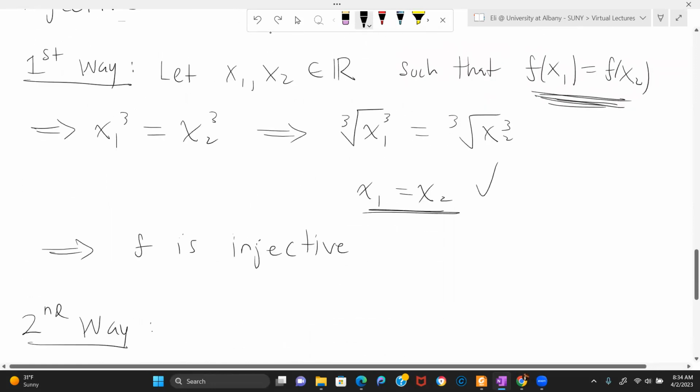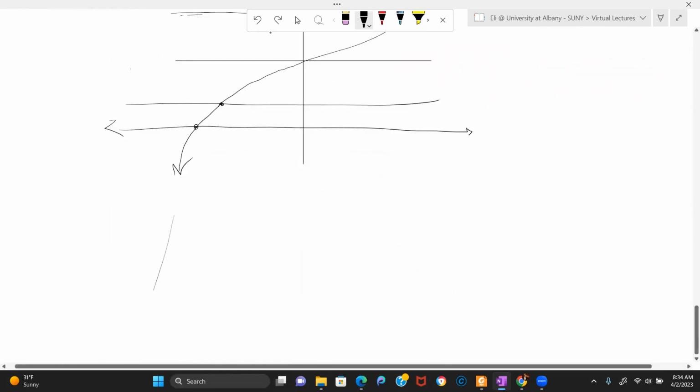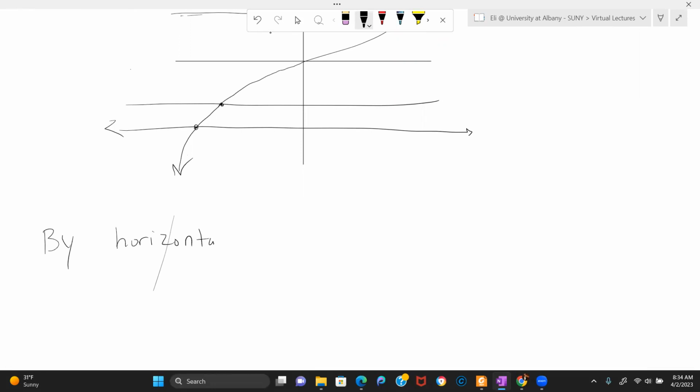This is the better method. But we can say by horizontal line test, this would be a second method, not as rigorous. So by the horizontal line test, f of x equals x cubed is injective.